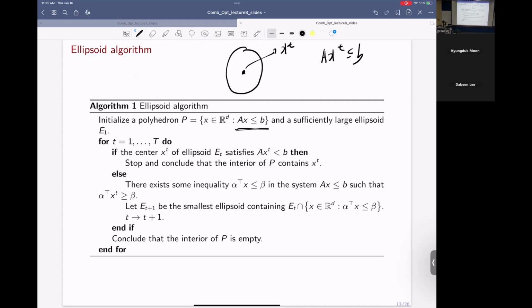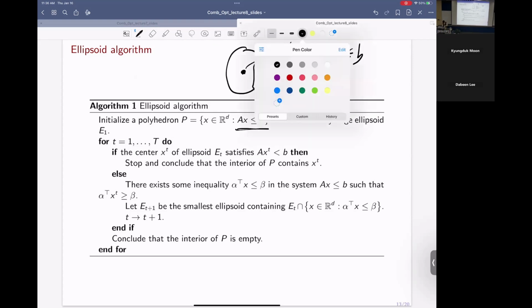But if not, then the polyhedron, P, is located somewhere, and I know that my center point is outside the polyhedron. Then what you do is you find a separating hyperplane.